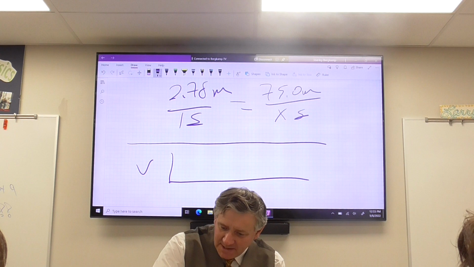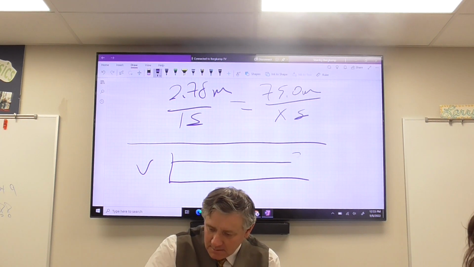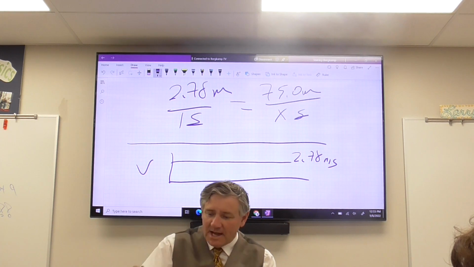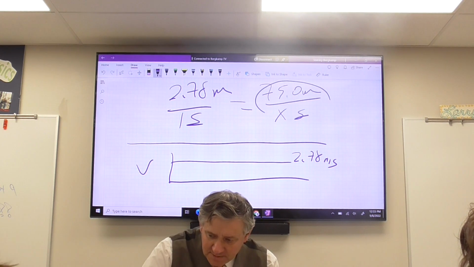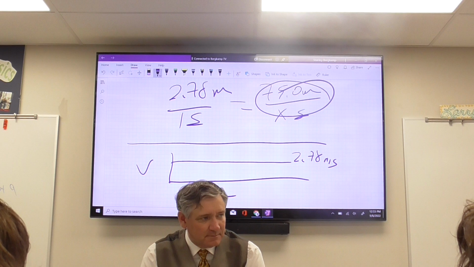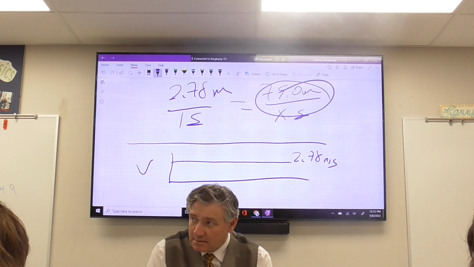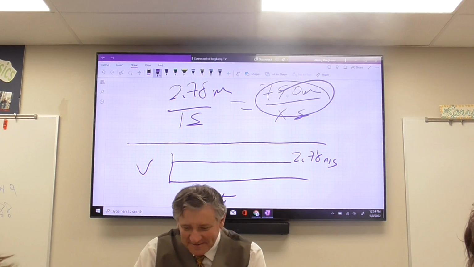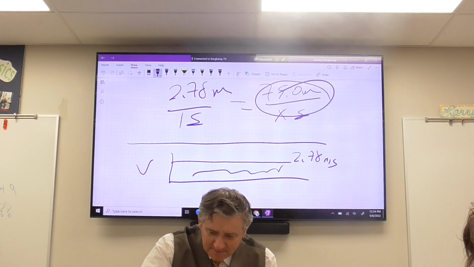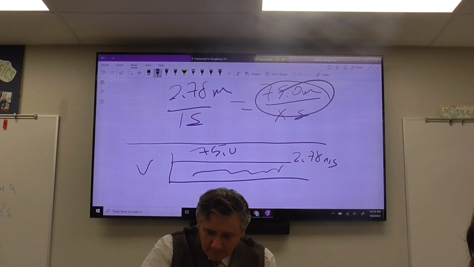A horizontal line at 2.78 meters per second. Now, how does the 75 meters become part of this problem? That's the area, right? Oh, yeah, it's the area.